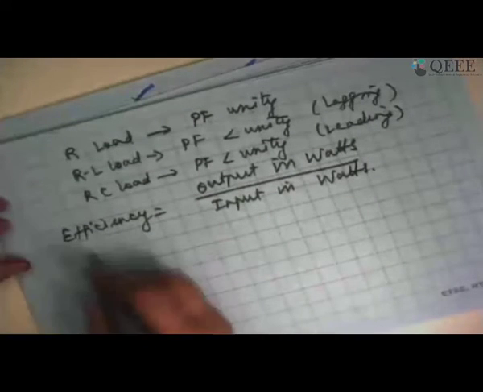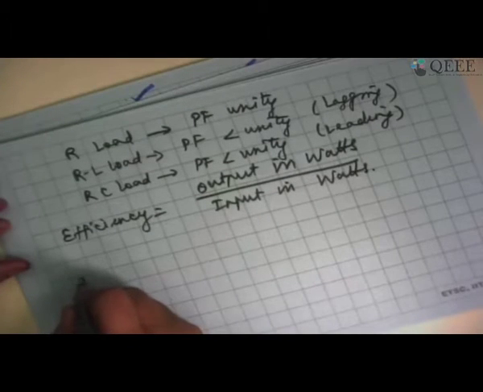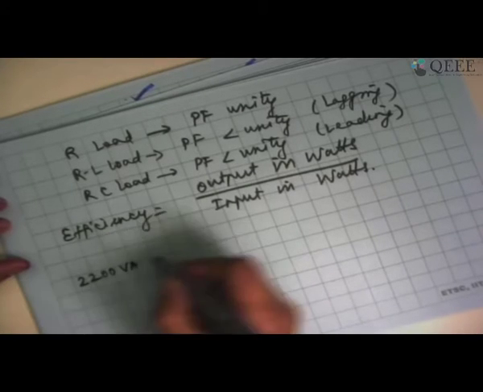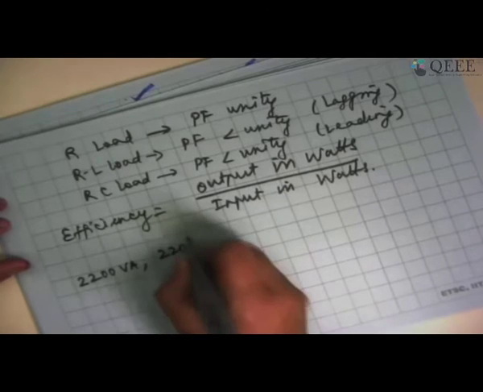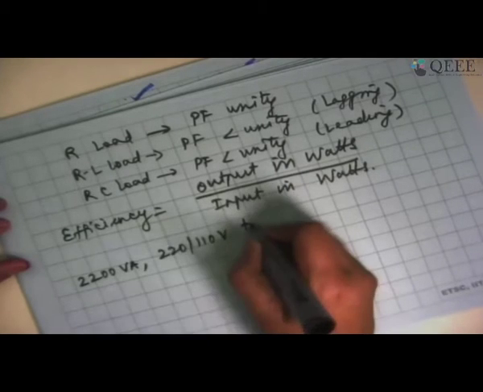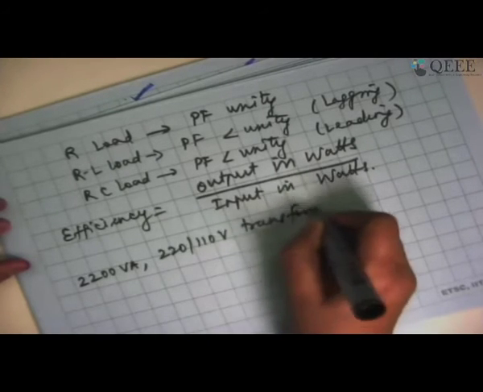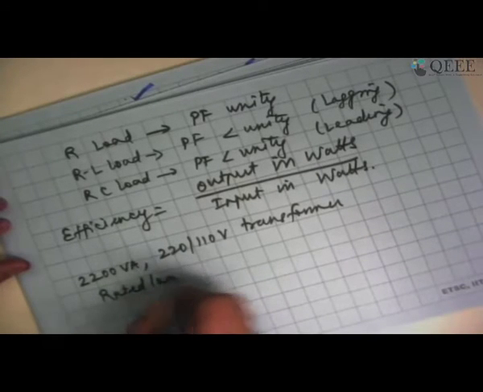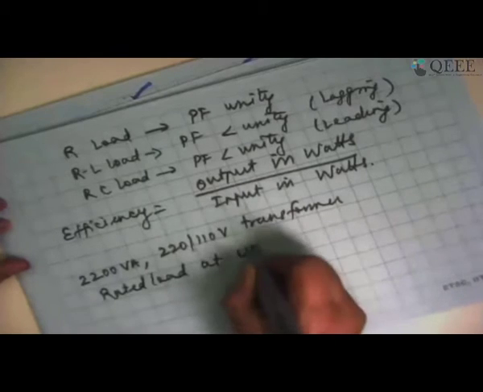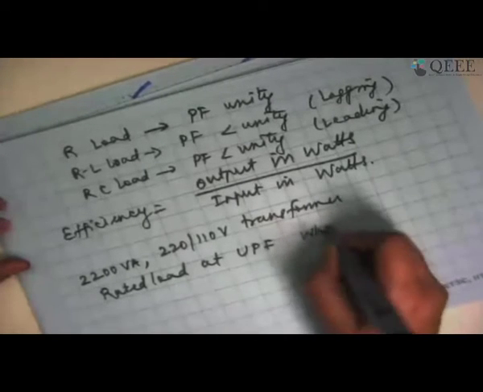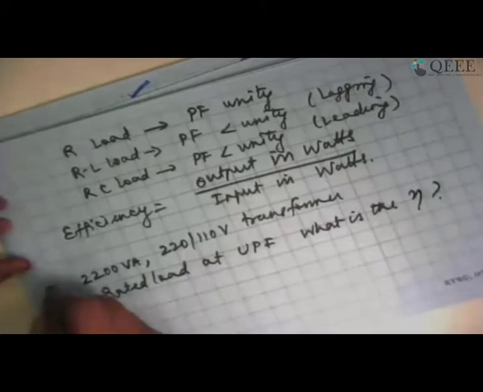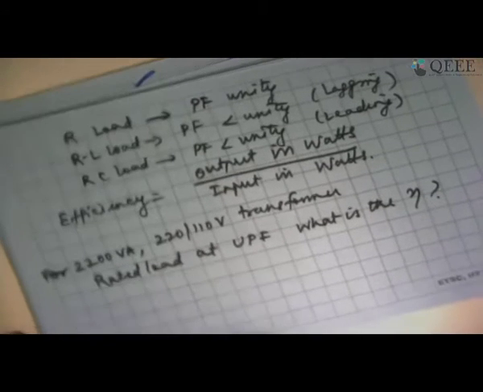So if I calculate for a 2200 volt-ampere, 220 by 110 volts transformer, at rated load and unity power factor, what is the efficiency? This is what I want to calculate.